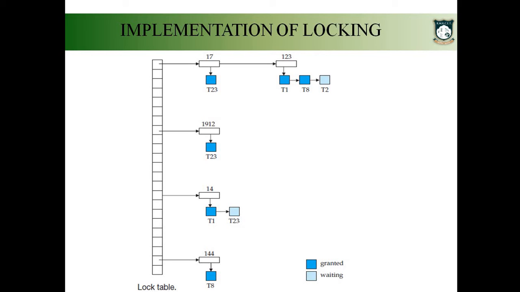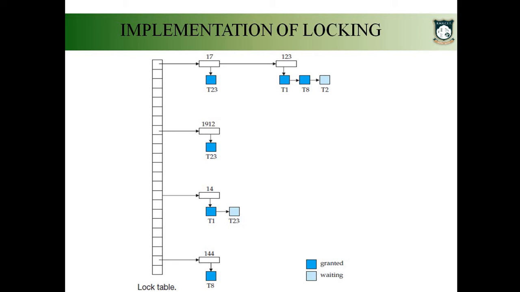Suppose the data item has already been locked by some transaction, then what happens? If the requested mode is compatible with the already locked mode, then the lock will be granted. Else, the requesting transaction has to wait.